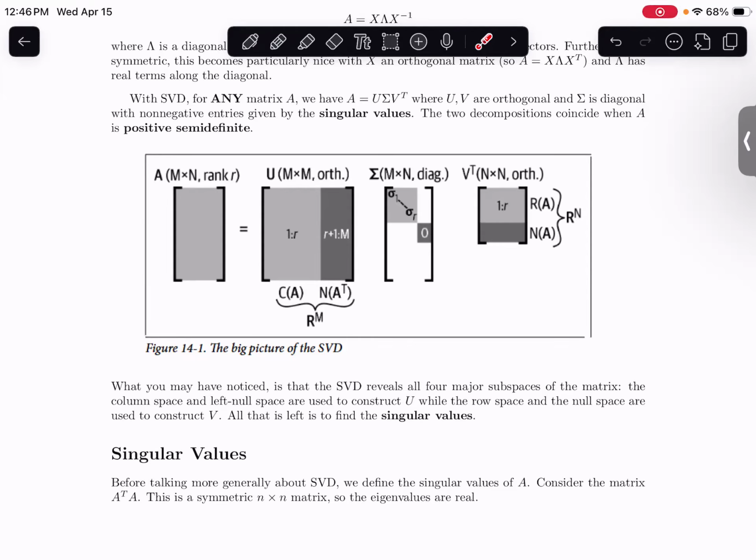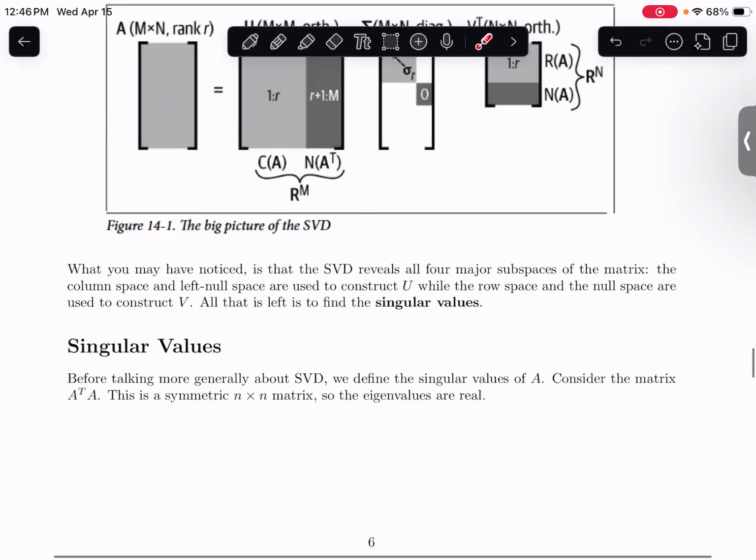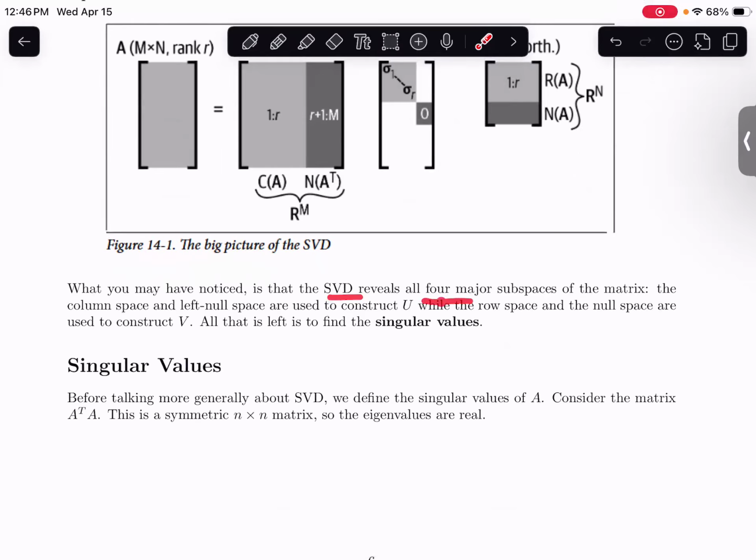I think that's the more intuitive way of going through examples, and that's how I'm going to construct this stuff later on. So what you may have noticed is that the SVD reveals all four major subspaces of the matrix. All that's left is to find the singular values, as I said before.